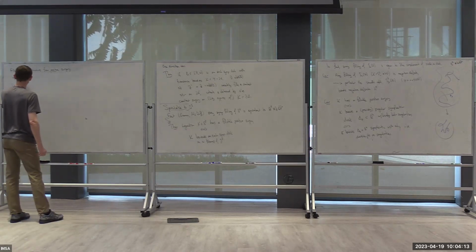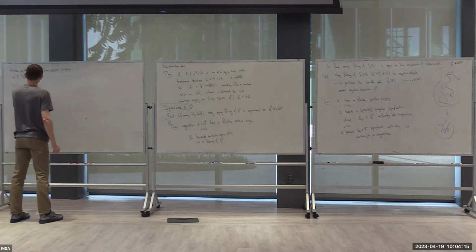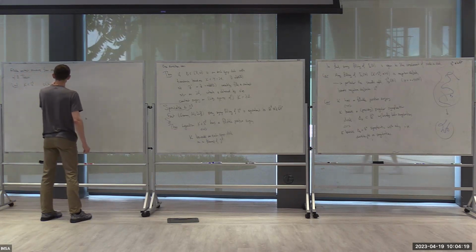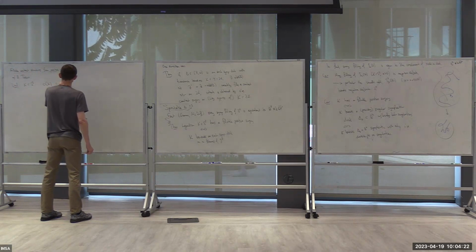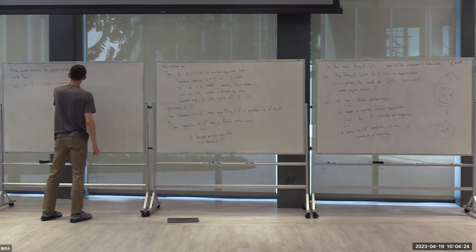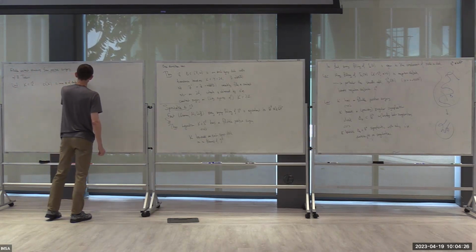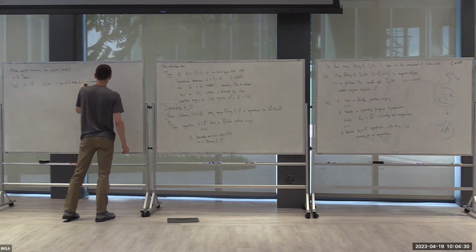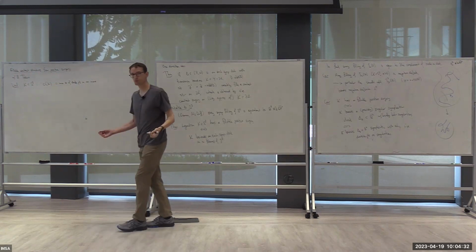So again, we're not in S3. Then C of K, this clasp number, is the smallest number of double points in an immersed disk bounded by K. This is normally immersed, so it has only double point singularities.